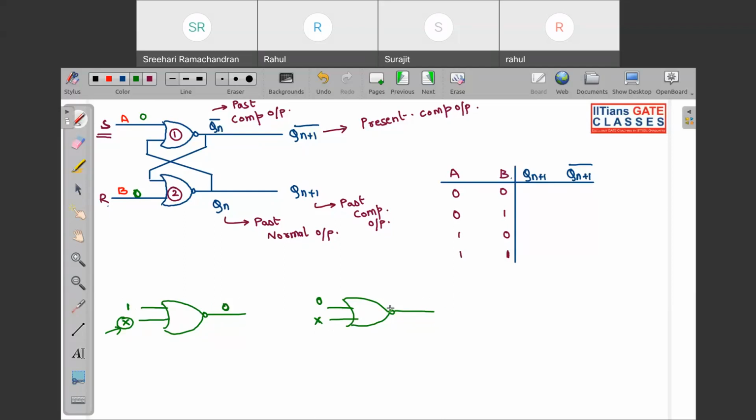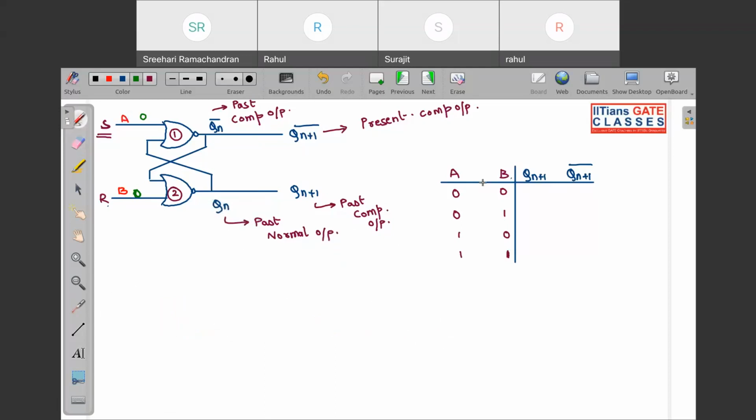Then we need to know what the other input is. So remember this: whenever one of the inputs of a NOR gate is 1, immediately we can say output will be 0. But if one of the inputs is 0, we cannot make a comment about the output of the NOR gate. This you should understand.